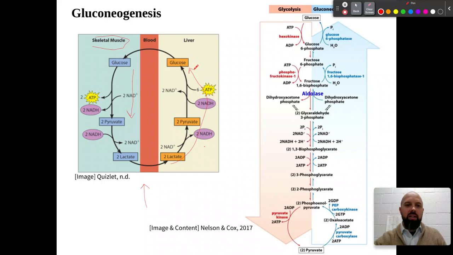The big idea here is we're able to create more glucose, which would raise our blood glucose levels. 3 carbon compounds such as lactate, pyruvate and glycerol, as well as some amino acids, can do this. Here we have lactate down here, and here's pyruvate. But it's not limited to only those. We're making new sugars here.